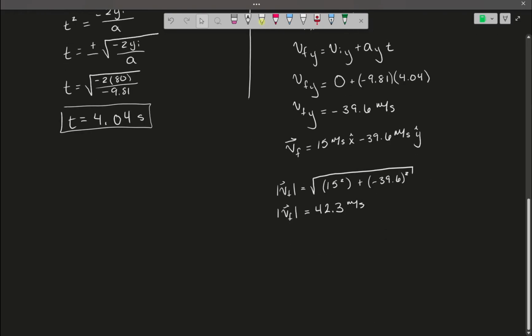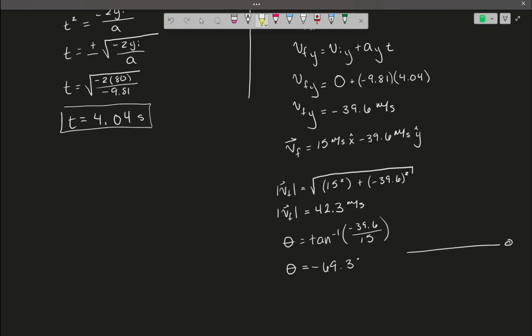And now I need to find directionality, right? So I can use that theta is equal to the inverse tangent of the y component over the x component. And we get that our angle is negative 69.3 degrees.